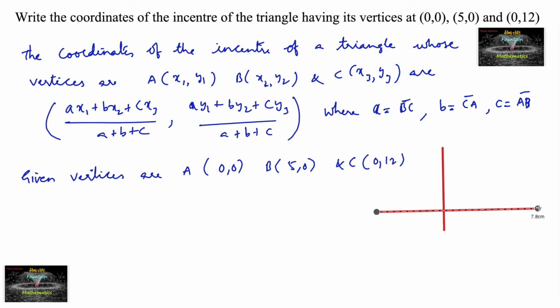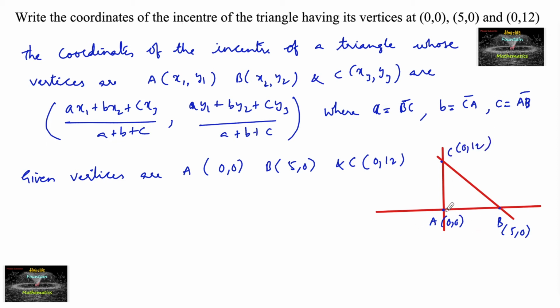So easily you can find the length of the sides. This is the point A(0, 0), here is the point B(5, 0) and C is the point here (0, 12).